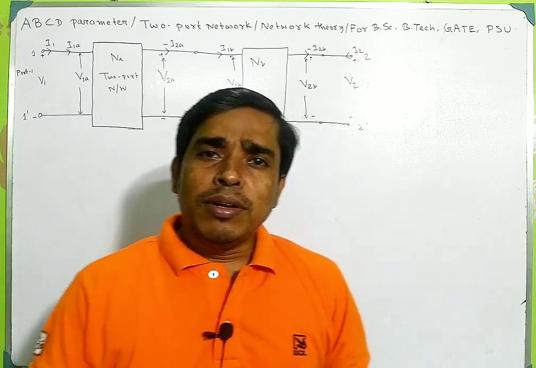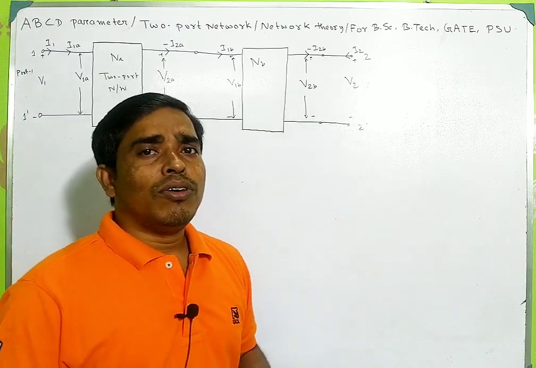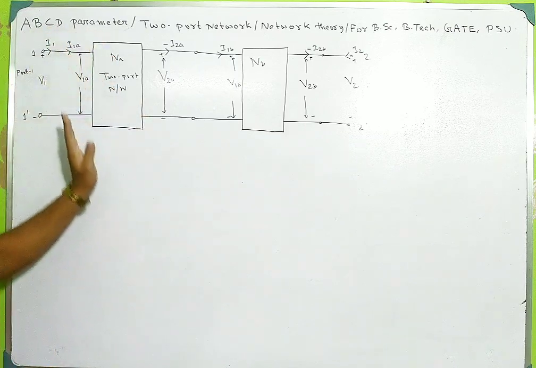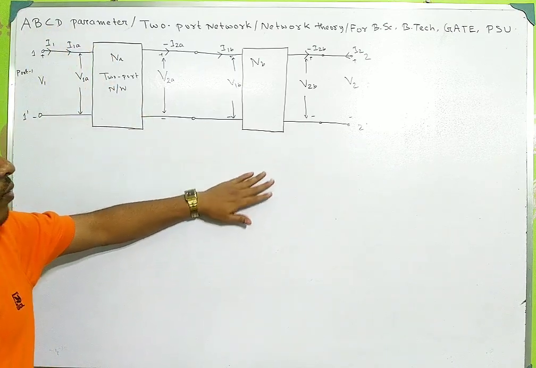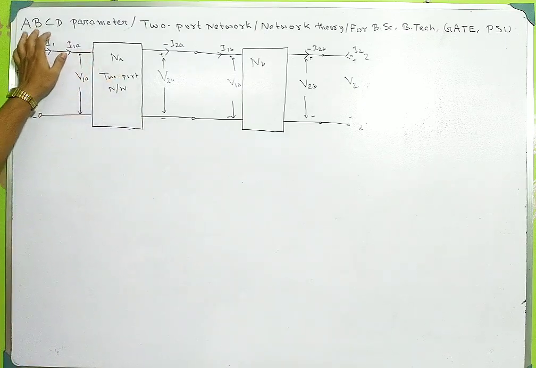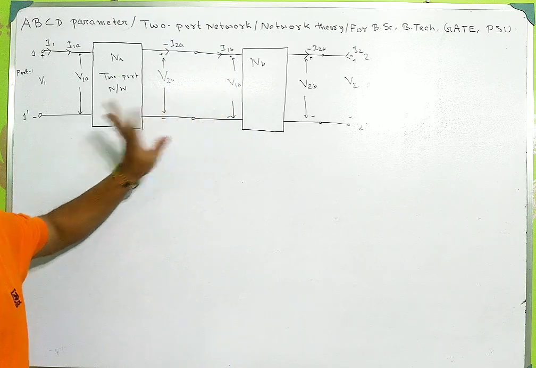So it is very important to know the property of ABCD parameter in cascaded network. Today we will discuss the property of ABCD parameter in cascaded network.